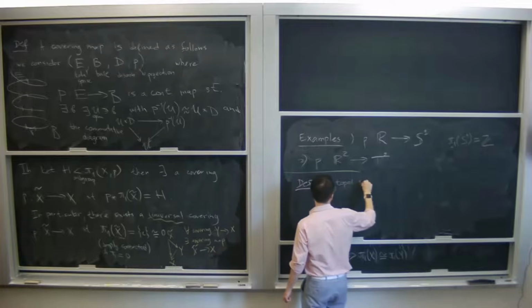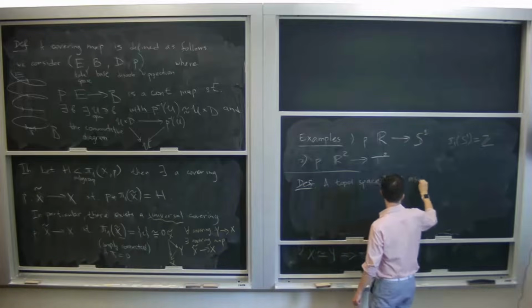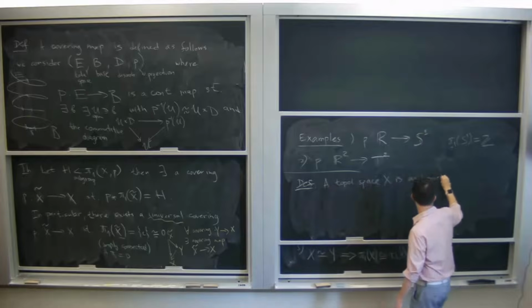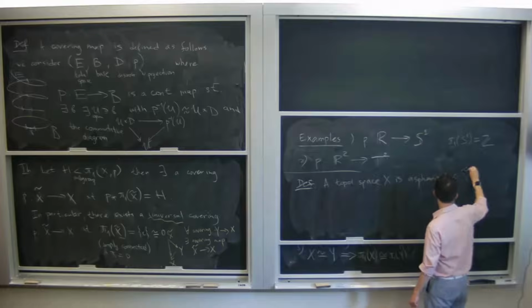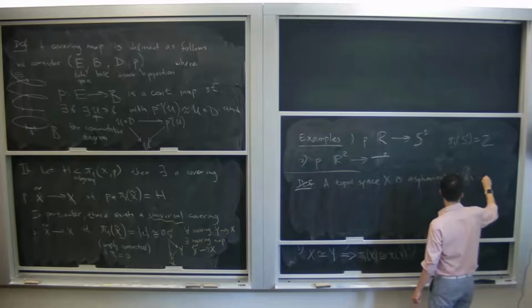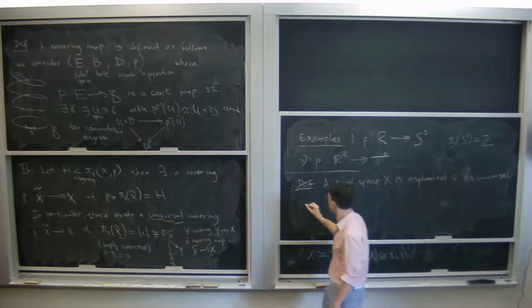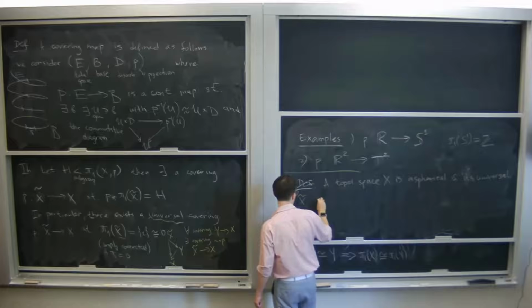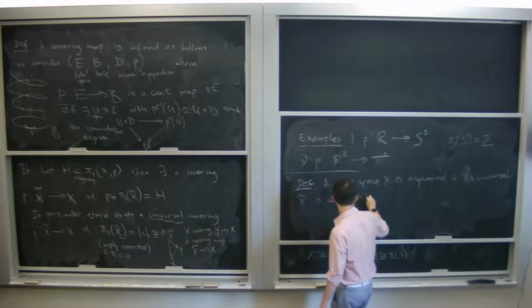Okay, a topological space X is spherical if its universal cover is contractible.